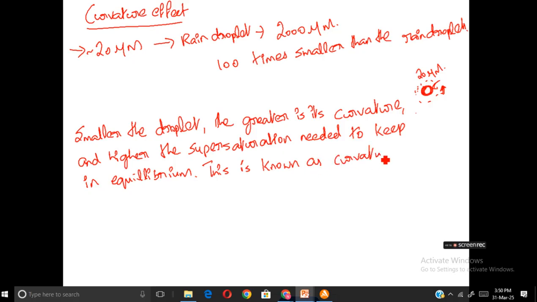So the chances of survival of smaller droplets is very small compared to the chance of survival of larger droplets.